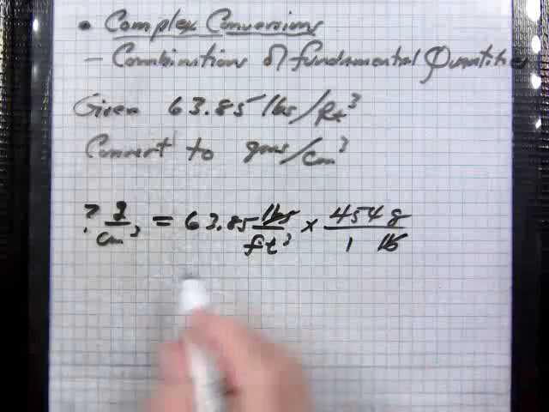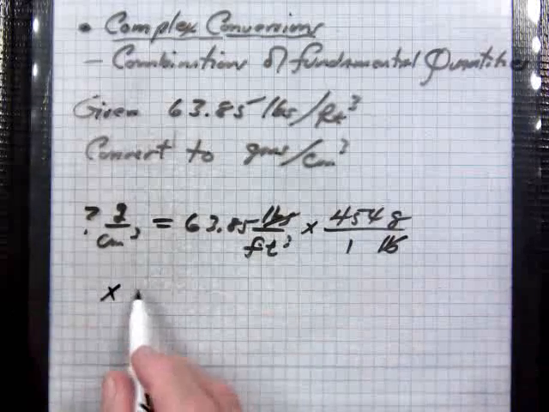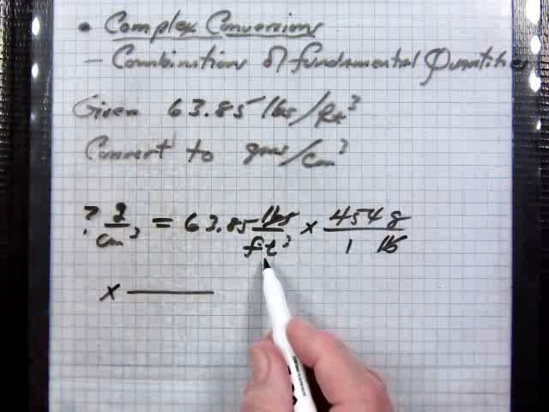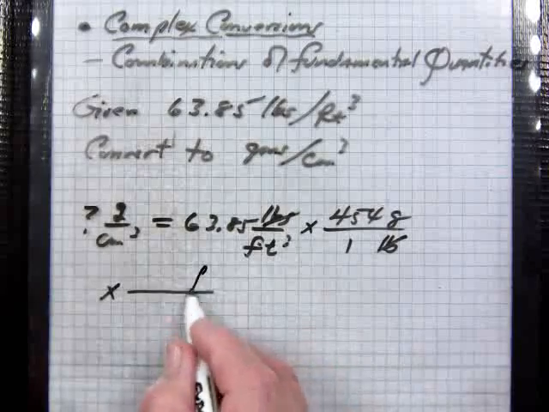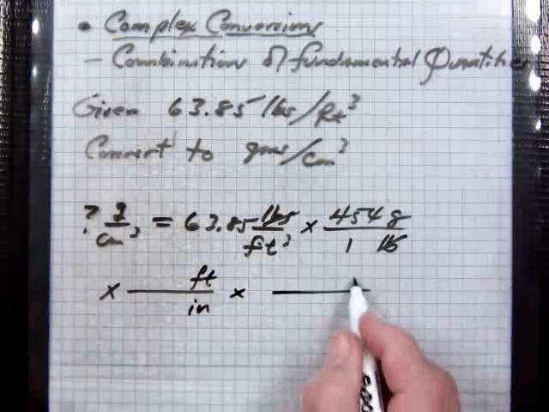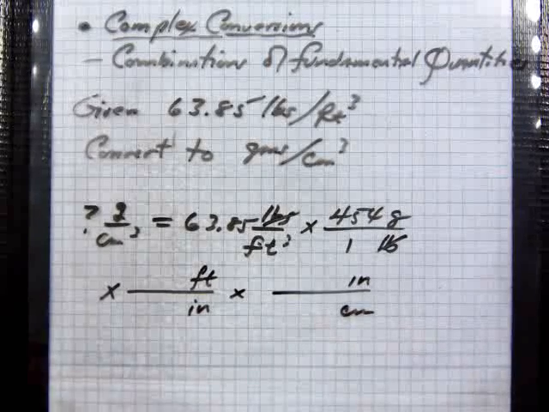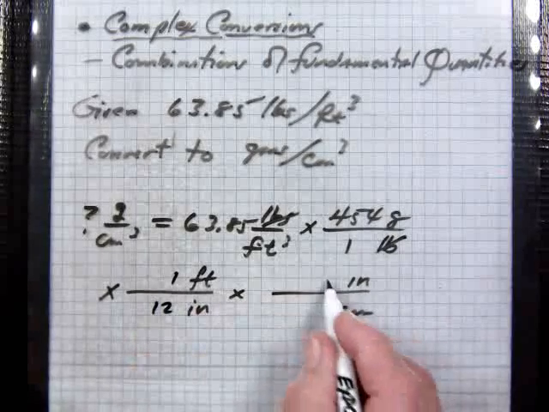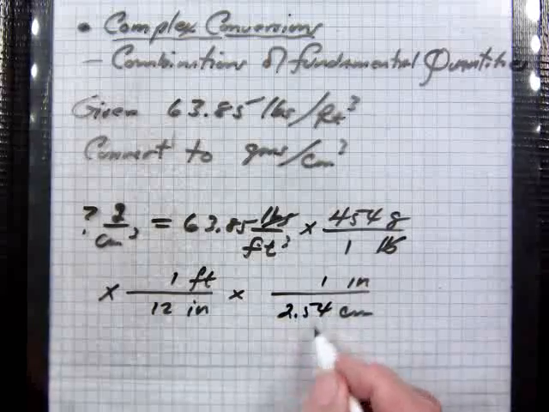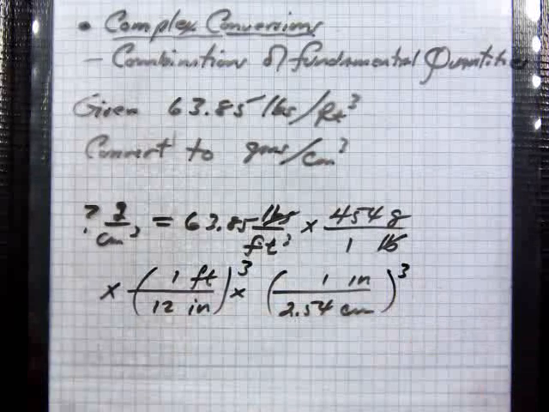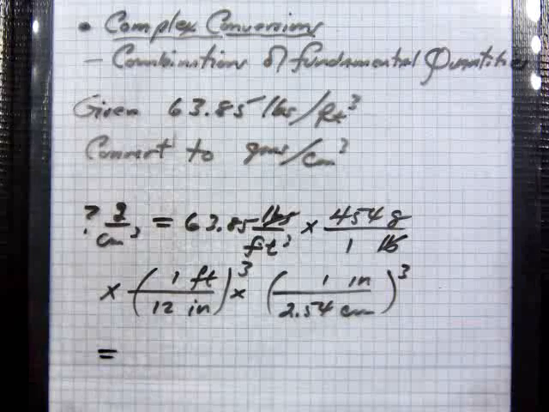Then we want to convert the cubic feet to cubic centimeters. This is on the denominator side of the ratio, so I start with feet, then inches, and then inches to centimeters. We do simple conversions first: 1 foot, 12 inches, 1 inch, 2.54 centimeters, and then in this case you cube each of the conversion factors and run your computation from there.